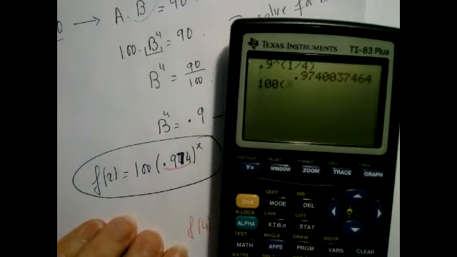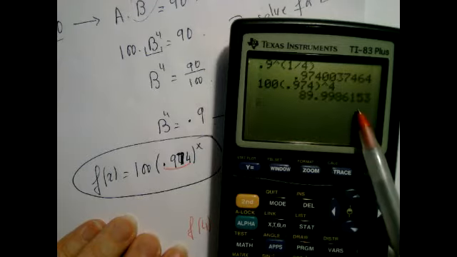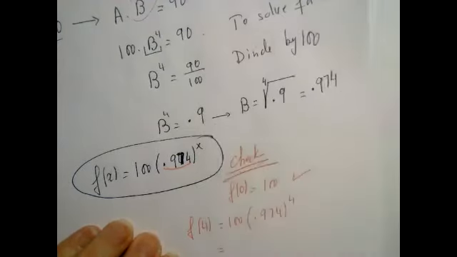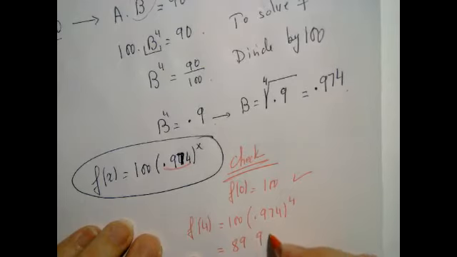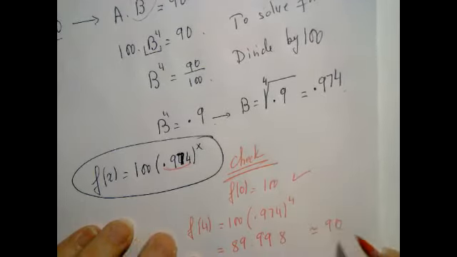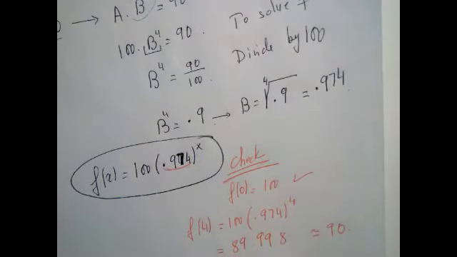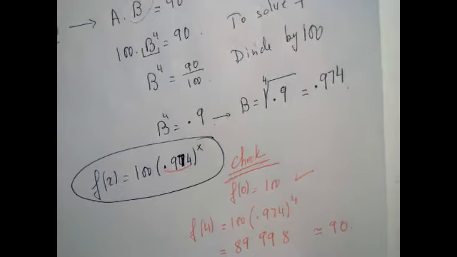So I may be off by some. 0.974 to the power 4, I got 89.9986, which is almost 90. I'm a little bit off because of the rounding error. Okay, so my function is all right.